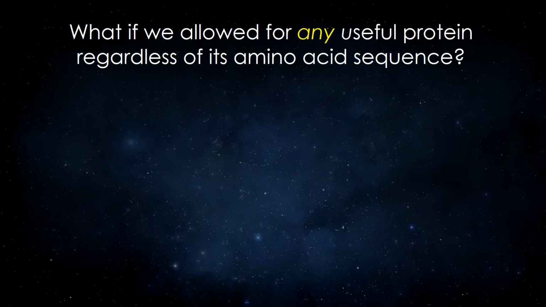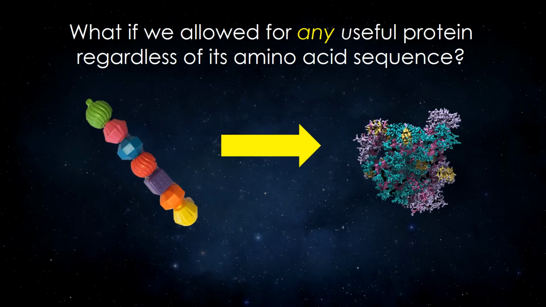But what if we allowed for just any potentially useful protein, regardless of its amino acid sequence? Remember that an amino acid chain has to be able to fold before it can be a useful protein. To accurately calculate the probability of forming a useful protein by chance, then, we will only consider the number of amino acid sequences that are actually capable of folding.